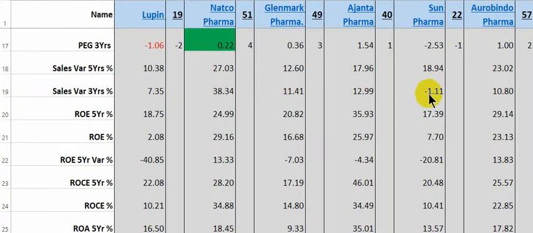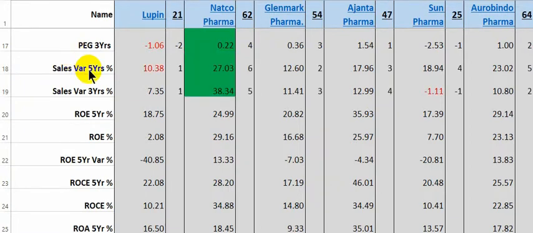That is, from 3 years back, the sales is dropping at the rate of 1.1%. Aurobindo has also done well to keep its sales growth above 10%. Here we want to look at the higher value as far as possible, and if it's negative then we'll give it the least ranking. Lupin's sales growth in last 5 years was the poorest.